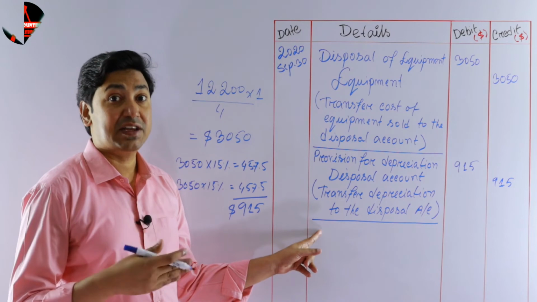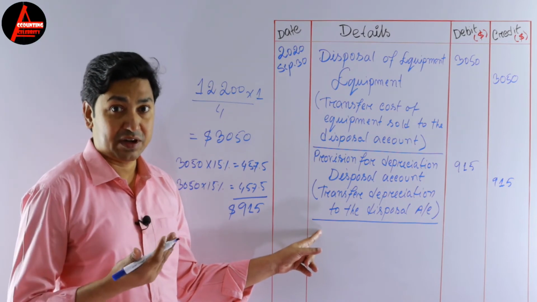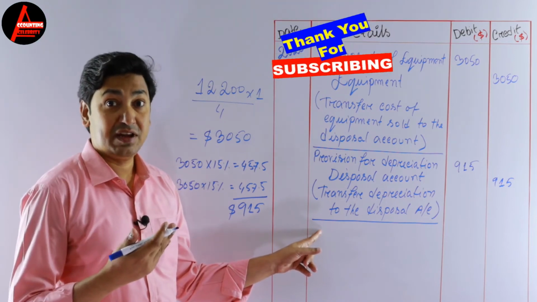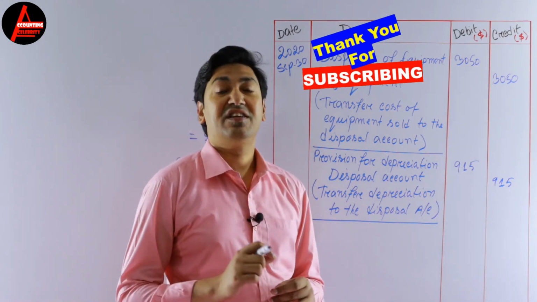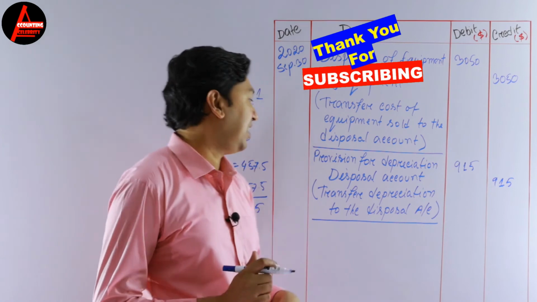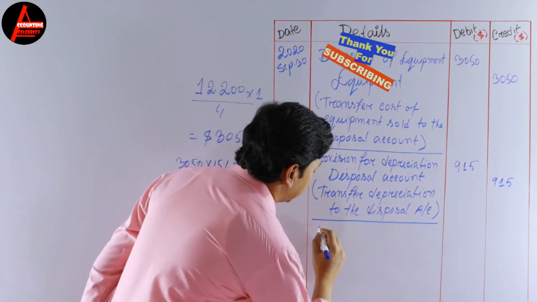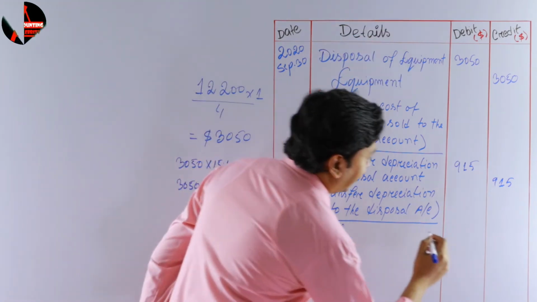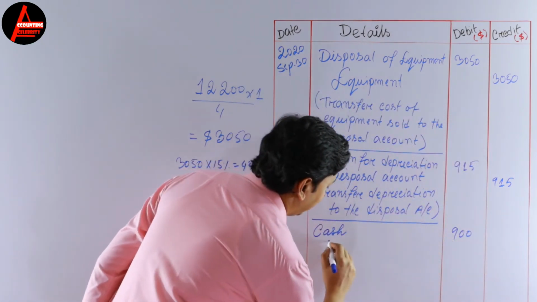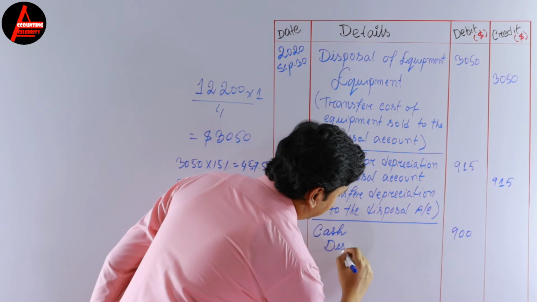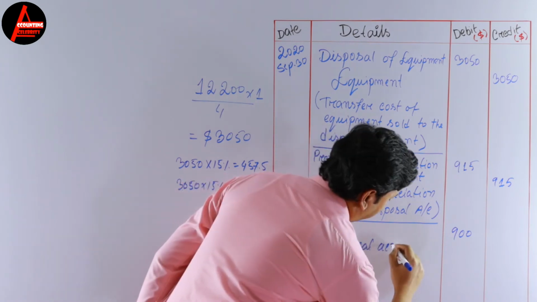We know when asset increases, asset will be debited, means cash will be here debited. Yeah, and what is the credit account? It is disposal. Okay, so let us write here cash to be debited $900 here. Okay, and then here disposal account to be credited.